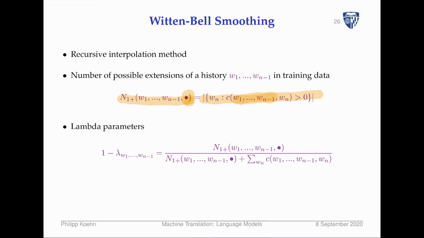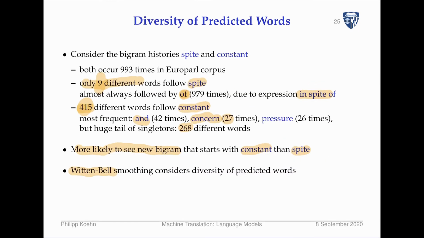Given this, this is the formula that we then use to set the lambda parameters for interpolated back-off. So it basically sets the back-off weight, assigned to this number here. In our case, this is the 9, or what was the other number again? 415.